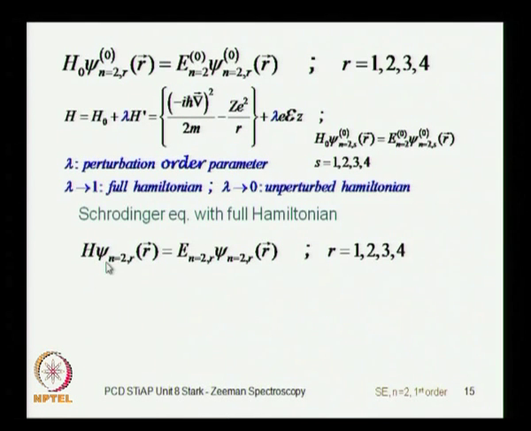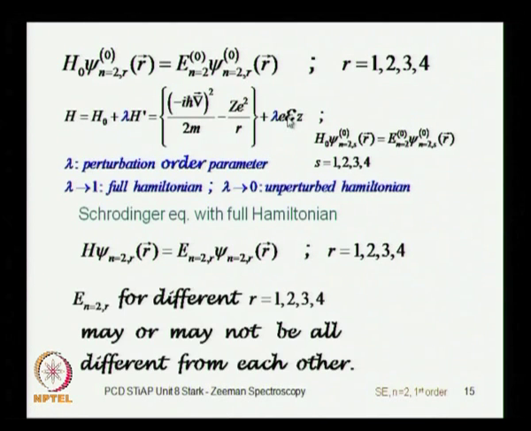So, this is H psi for n equal to 2, which includes the perturbation now, equal to E psi, and this E will be different from this E_0, and this Hamiltonian is H_0 plus the perturbation. One might expect that this E, which is the eigenvalue of the full Hamiltonian, for different values of r may be different, but not necessarily so, because it depends on to what extent the degeneracy is removed by this perturbation.